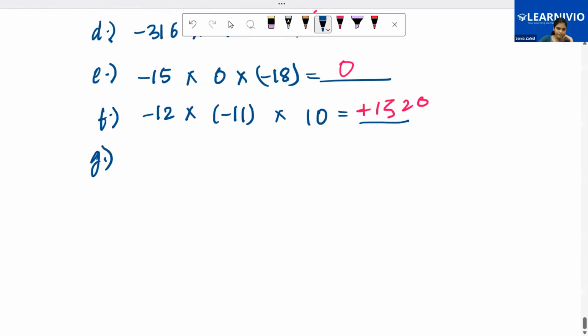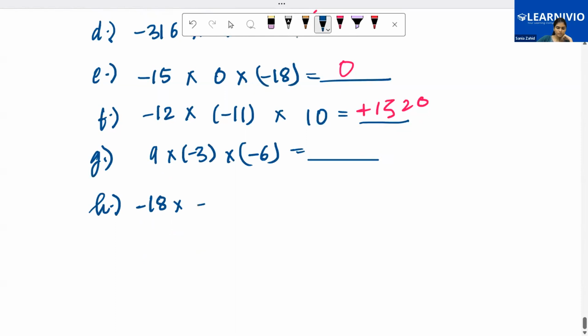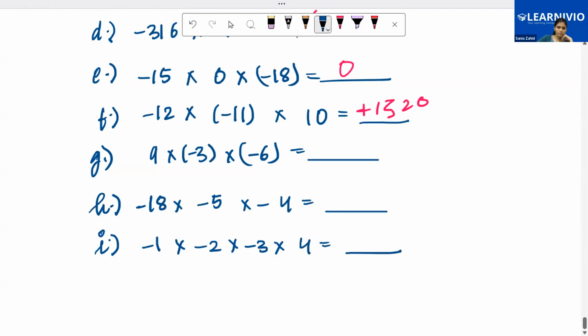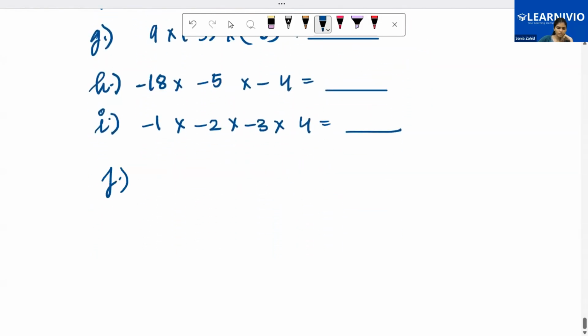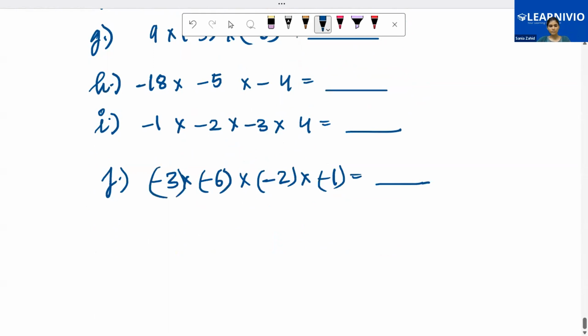Next is, solve for these numbers. Okay, ma'am.